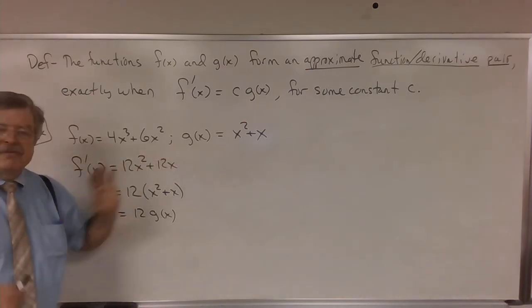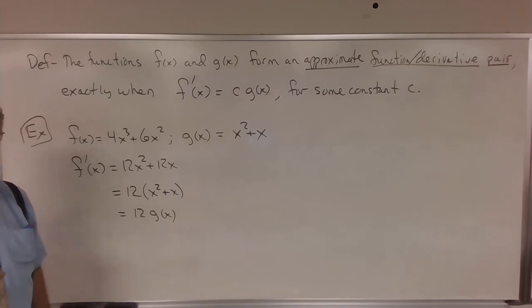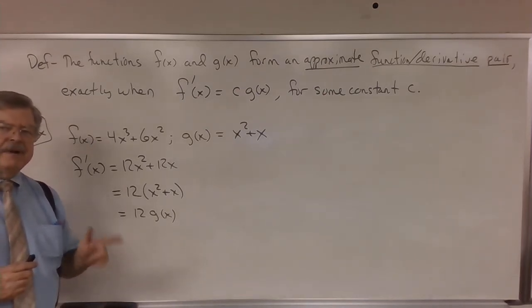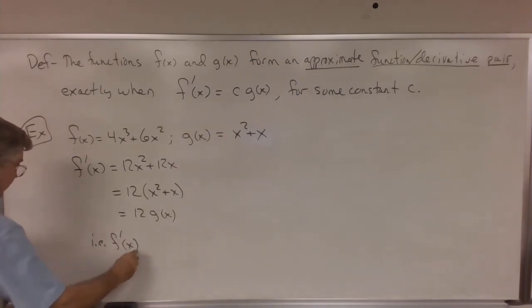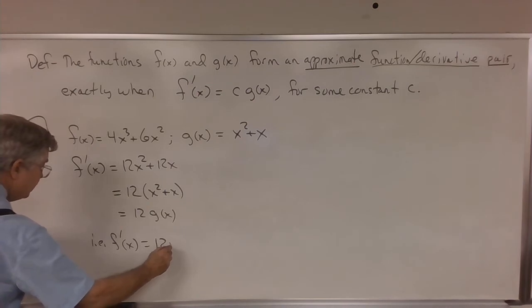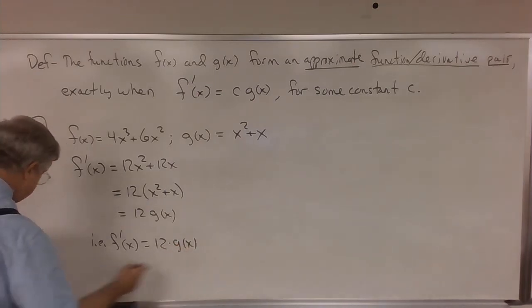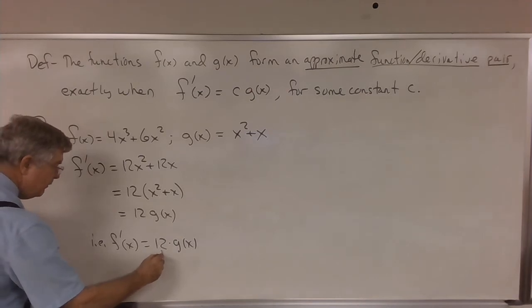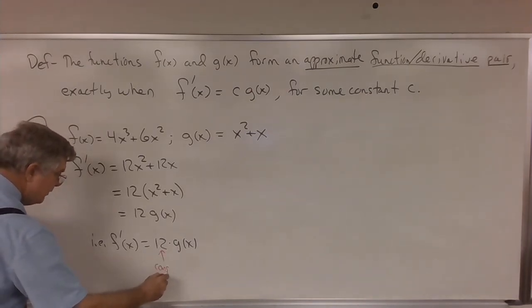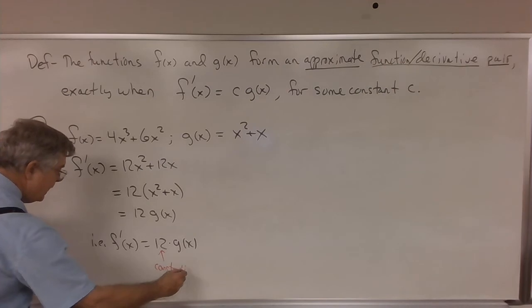F and g don't form an exact function derivative pair, but they're only off by a constant multiple. So we can say that f prime of x is equal to 12 times g of x. And the important thing here is that 12 is a constant. We're only off by a constant.